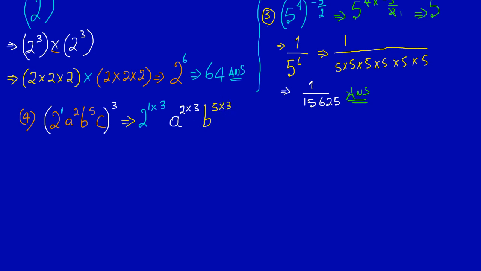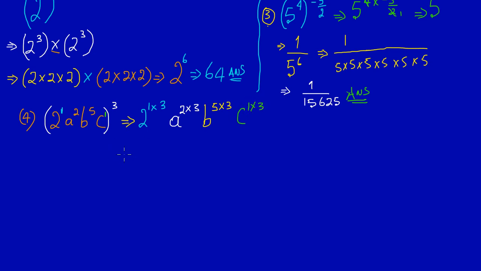And then, my friends, finally, I'll have to take my c. And my c, if you note again, is raised to the 1st power, because if you don't see a power, remember the first video when we were introducing indices or exponents, we said that if you don't see a power, you should always put a 1 there. So this would be 1 times 3.